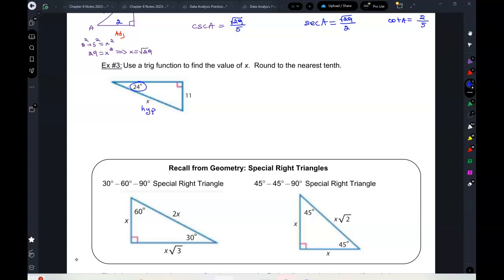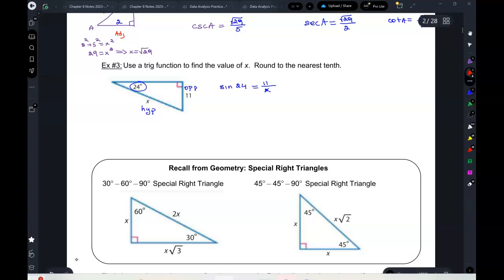Opposite. If you have opposite and hypotenuse, which of the ratios is that? Sine. So I say sine of the angle equals opposite over hypotenuse. It always has to be sine of the angle.